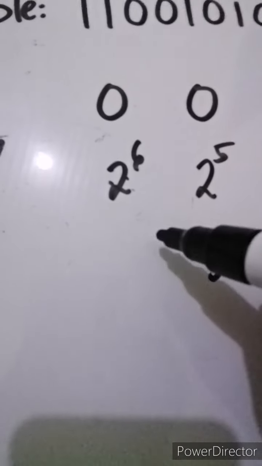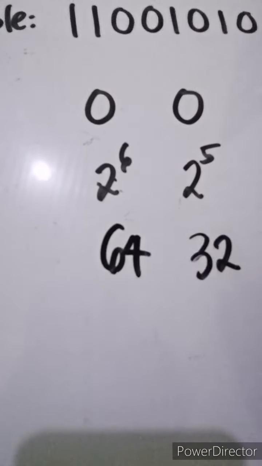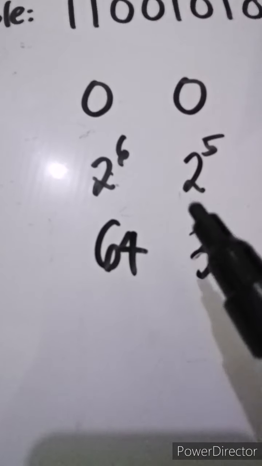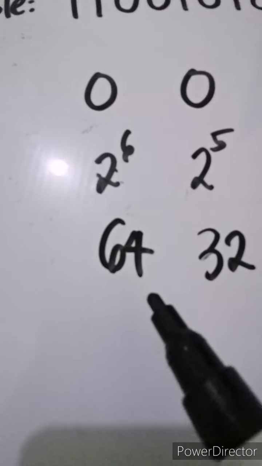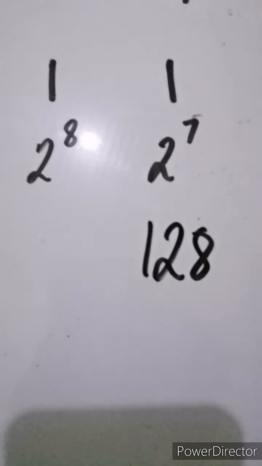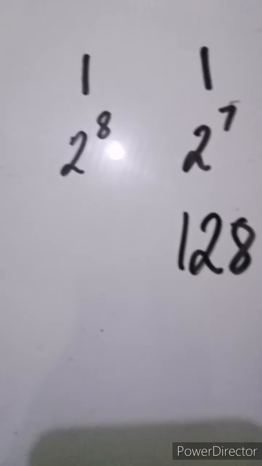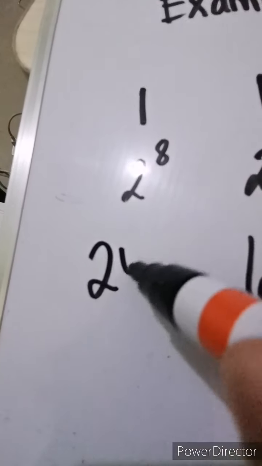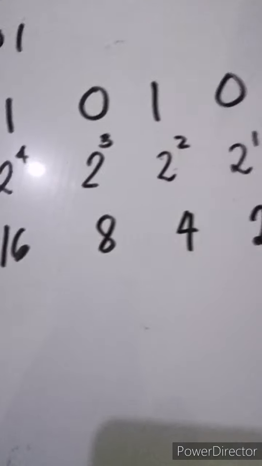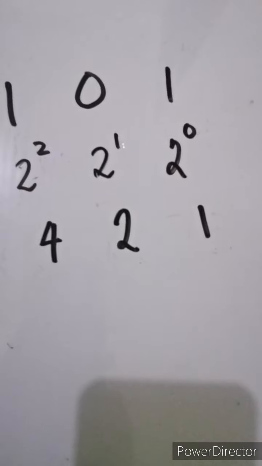Then 2 to the 6 is 64, kasi 32 times 2 is 64. And 2 to the 7 is 128, so 64 times 2 is 128. And then 2 to the 8 is 256.